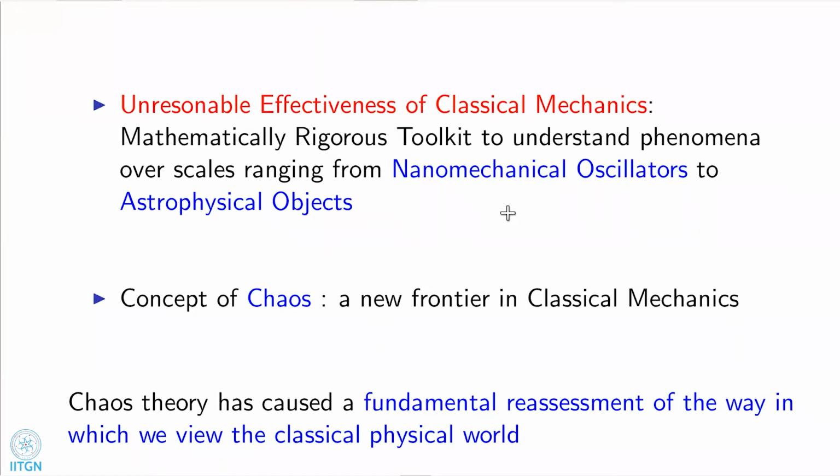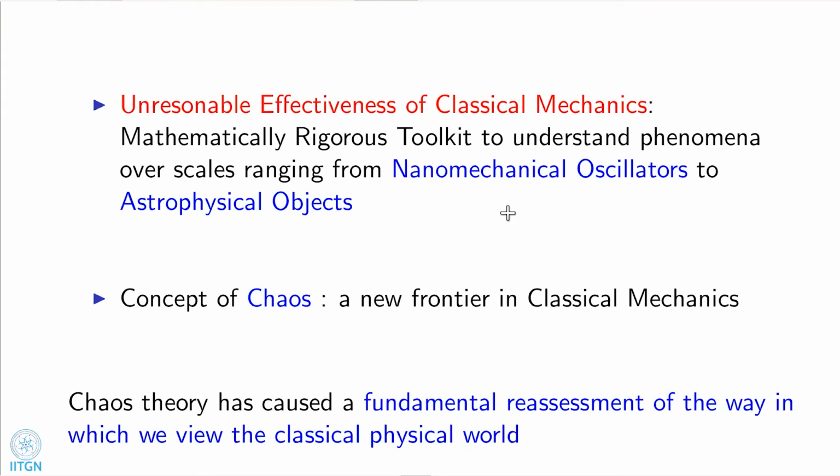It really gives us this mathematically rigorous toolkit, which seems to be so useful to understand things over scales which are mind-boggling. From nanomechanical oscillators, my friends who have a lab here are forever looking at Duffing, for instance, or astrophysical objects, which is right at the other end of the scale. So it almost has no business being this good.